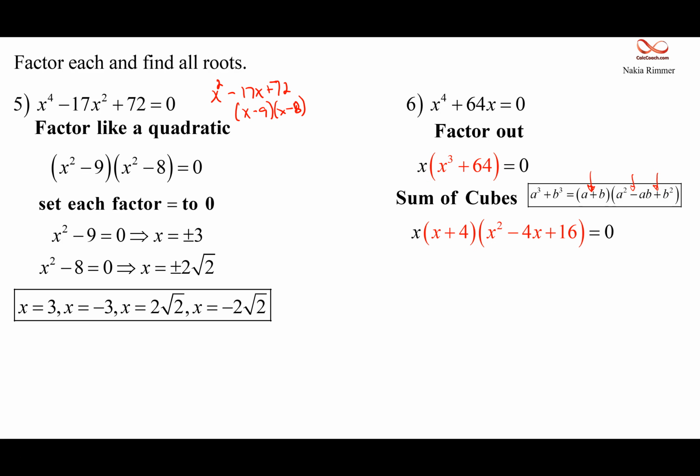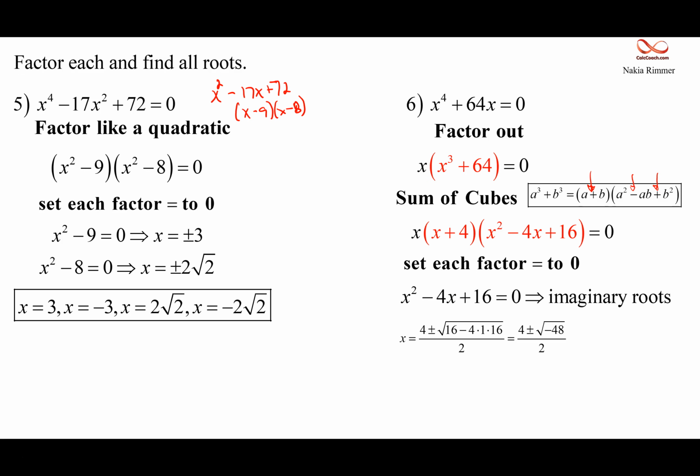Now, the quadratic that's left over from the sum of cubes will always have imaginary roots. And so we're going to do that by, I guess we have to go with the quadratic formula. The opposite of b, plus or minus the square root of b squared minus 4ac underneath a radical. And 16 minus 64 is -48.